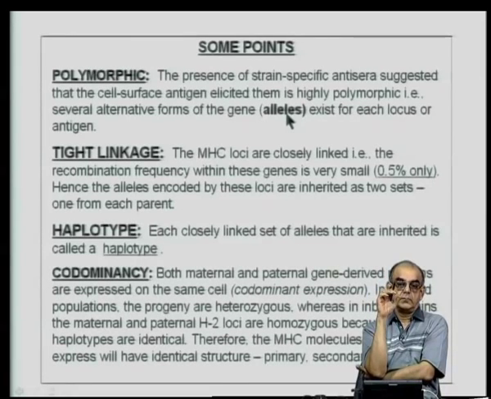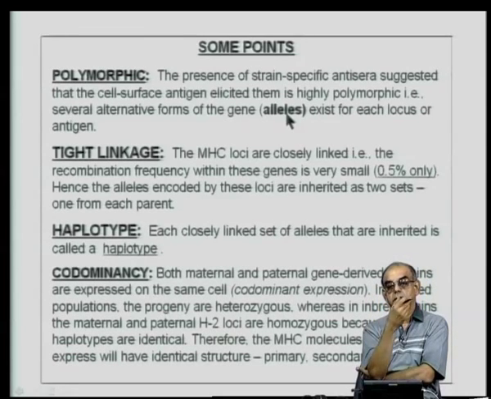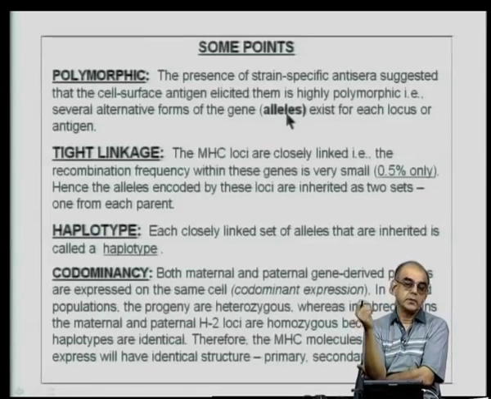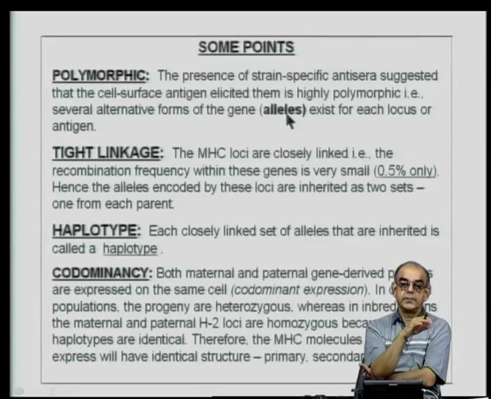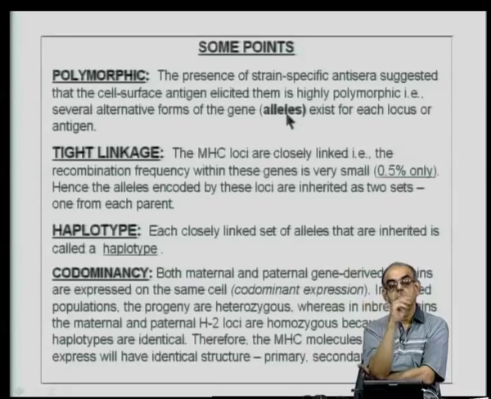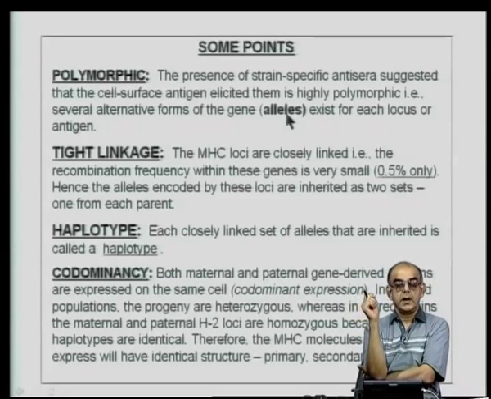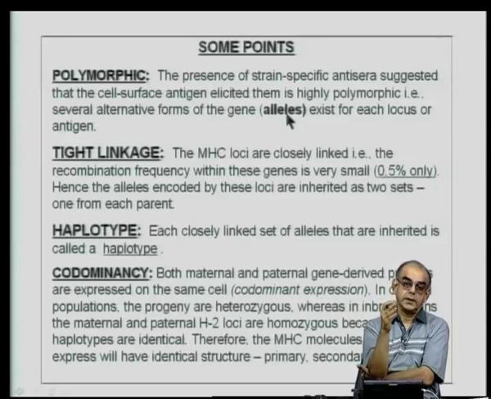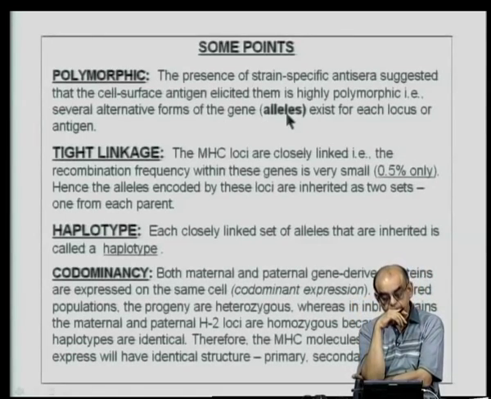If one were to compare the primary amino acid sequence of the MHC molecules present within two different human individuals, you would find that this primary amino acid sequence, as well as the nucleotide sequence of that gene, is going to be very different, and that is what makes the MHC polymorphic and a self signature molecule.